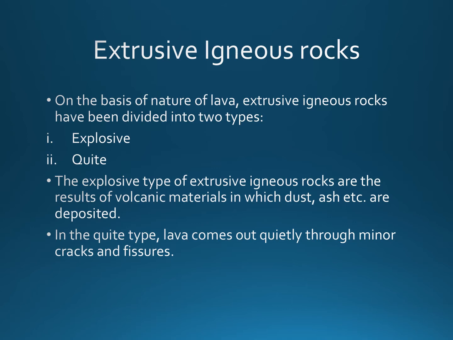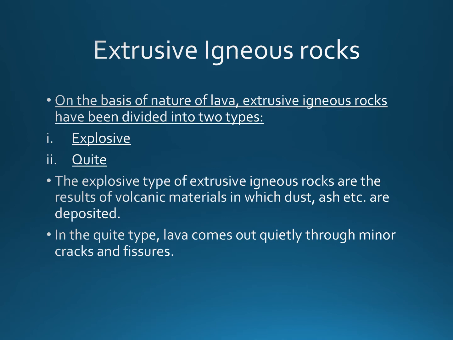Extrusive igneous rocks can also be divided based on the nature of lava. On the basis of the nature of lava, extrusive igneous rocks have been divided into two types. They are explosive and quiet extrusive igneous rocks.